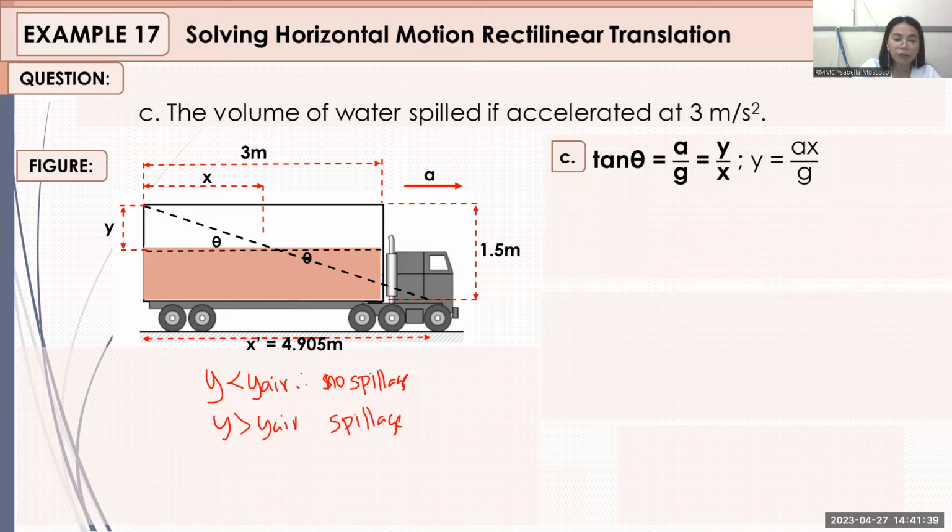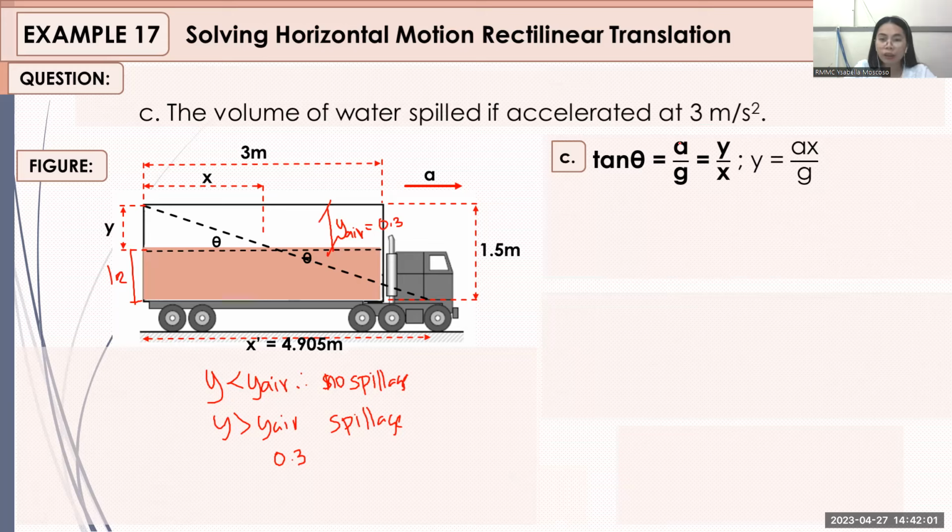So, ano ba yung value ng inyong y air? Diba that is 0.3? That is 1.5 minus 1.2. Huwag niyo sundin yung diagram na ganyan, ha? Kasi estimated lang yan. So, you have your y air as 0.3. Kunin natin yung value ng y.